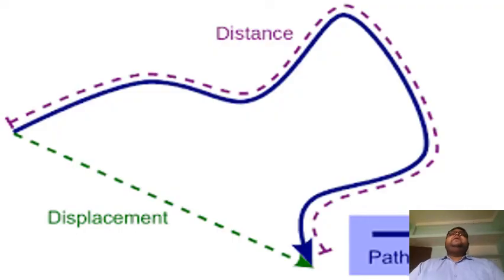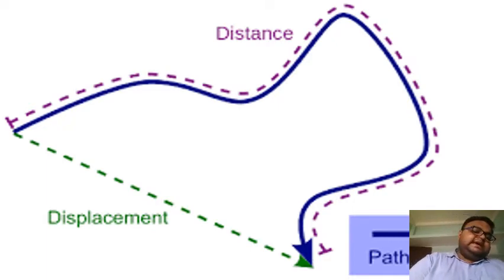So students, we saw this picture in our previous class also, and I told you the difference between distance and displacement. So now who will tell me what is distance and what is displacement? Okay. So now let's see. Let's take the example that we took in our previous class.